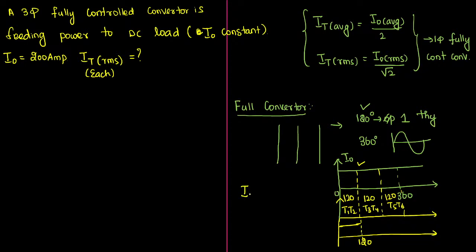See, the average value of the thyristor current can be written as area by time period. I have already told you, area by time period, whereas the time is fundamental time period. Area means thyristor will be carrying the output current only for 120 degree, whereas the overall time period is 360 degree.